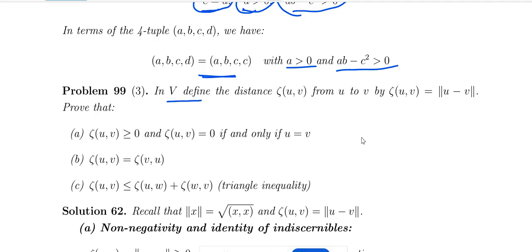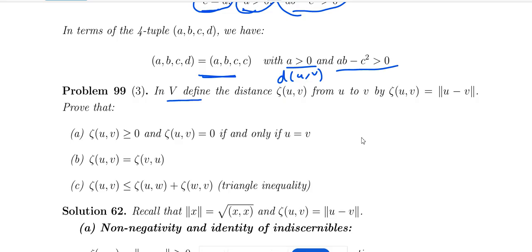And another problem: we define the distance zeta of u comma v from u to v by zeta of u comma v equal to norm of u minus v. We can also use d, distance d of u comma v, there is nothing wrong.